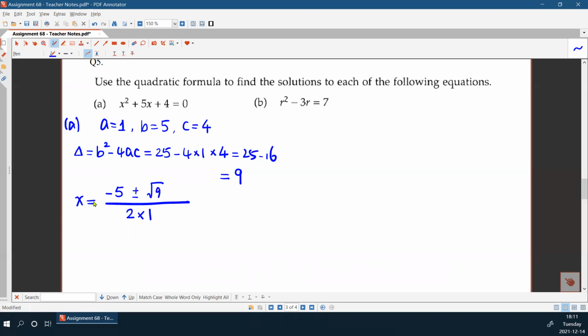Delta is 9, so this is -5 plus or minus 3 over 2. If you choose the positive sign, that's -5 plus 3, which is -2, and -2/2 is -1, so x can be -1. The other solution, if you choose the negative sign, is -5 minus 3, which is -8, and -8/2 is -4. The other solution is x equals -4. Understand?